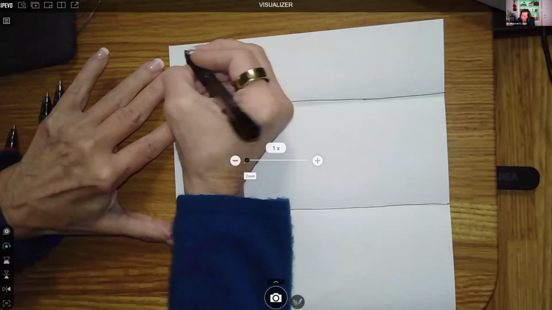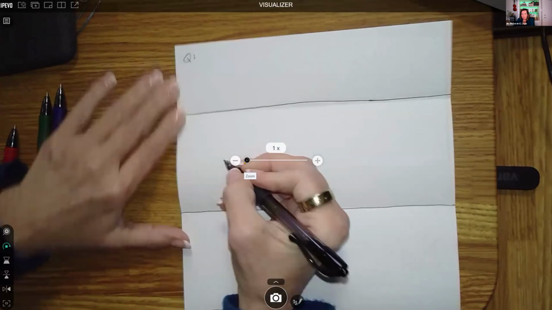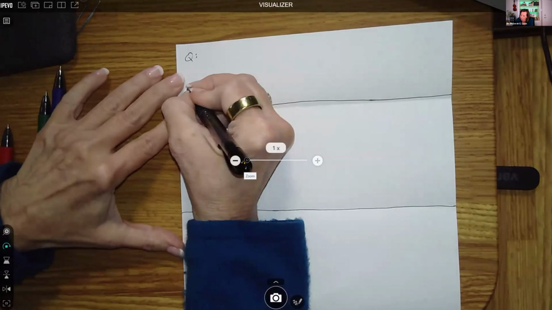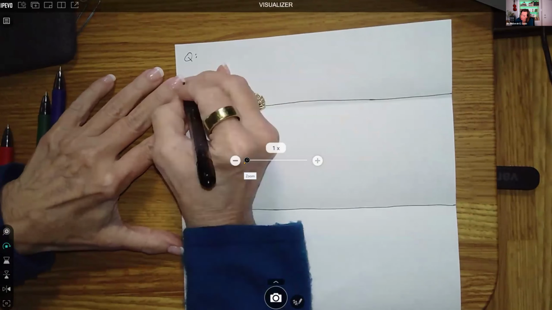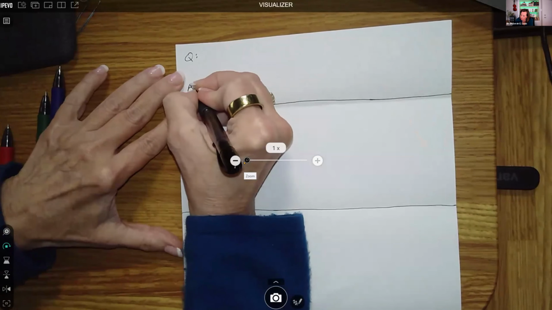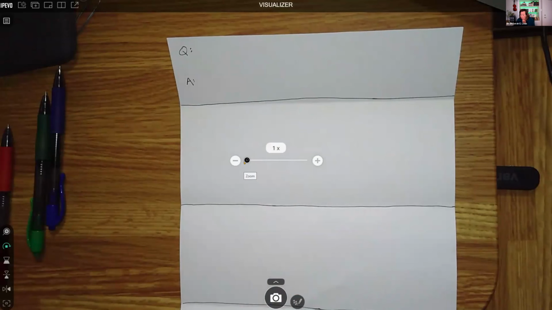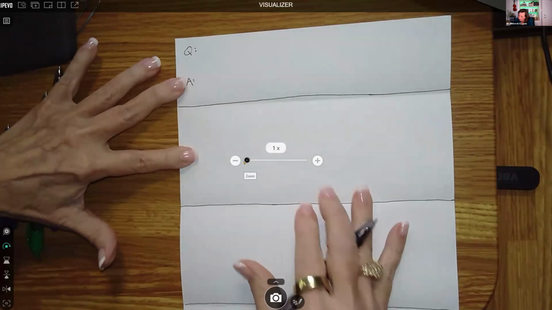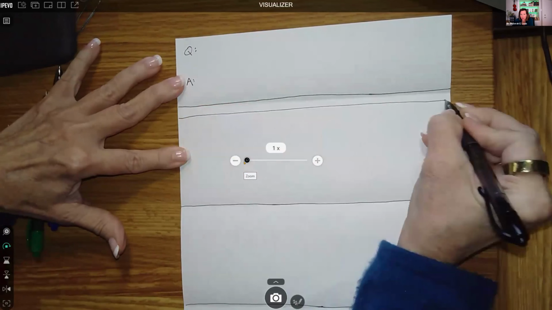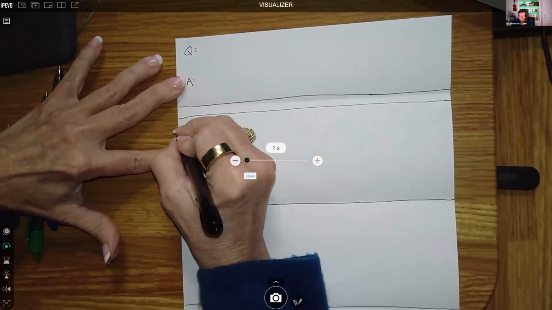And then at the top, I'm going to write Q, and that means question. And then I'm going to skip down, because if the question's long, I need to have enough room to write it. And then I'm going to write answer. Then I'm going to come down here and I'm going to draw a line under here and another line.